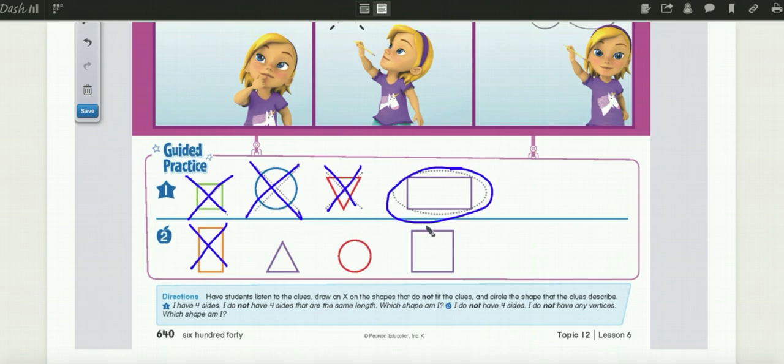No sides. 1, 2, 3, 4. And then it says, I do not have any vertices. A vertice is a corner. This one has 3 corners, so the triangle cannot be our mystery shape. The circle has no corners, so we found our shape.